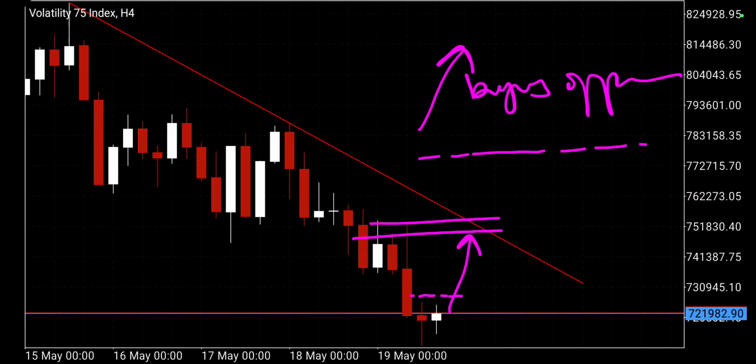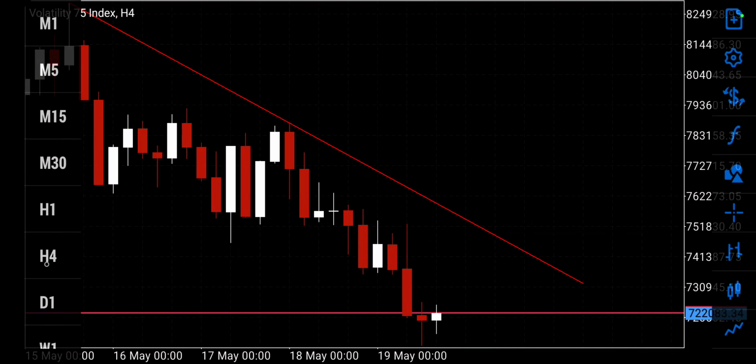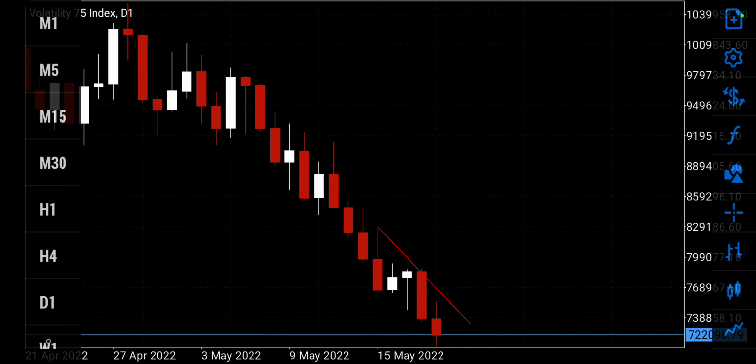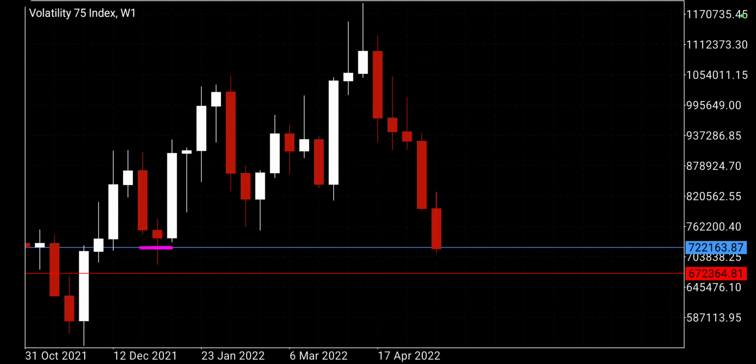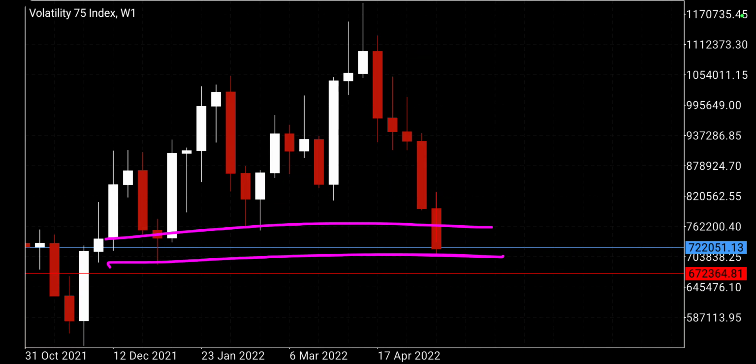Remember, that's where we'll be exiting, and then there's also a chance of it going all the way up. Why? Because of what we are having on weekly. We said we hit this, guys. All these time frames must link. We hit this, so there's even a chance of it going all the way up.